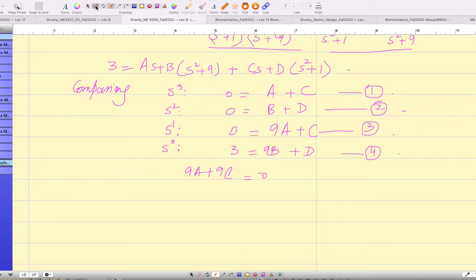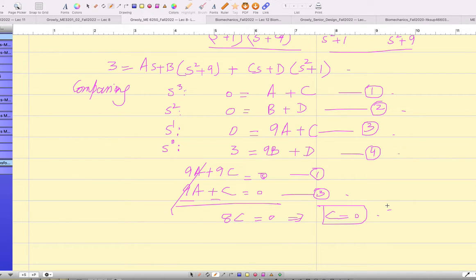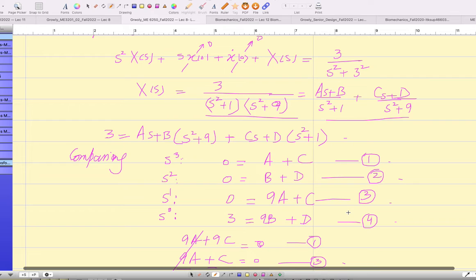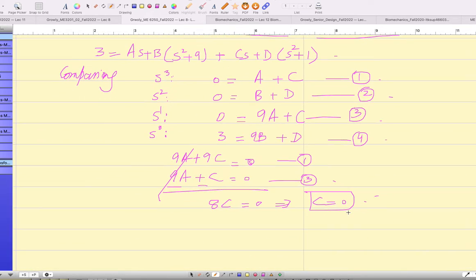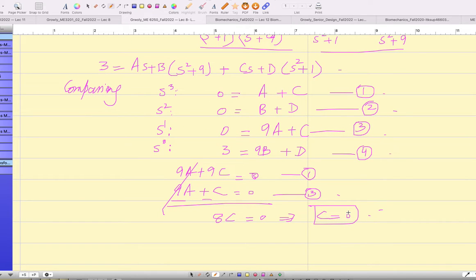This is from equation number 1, I just multiply both sides by 9, and subtract equation number 3: 9A plus C equals 0. The 9A cancels, so you're left with 8C. That means C equals 0, agreed. Similarly, you can find the other terms. You will see that A equals 0.